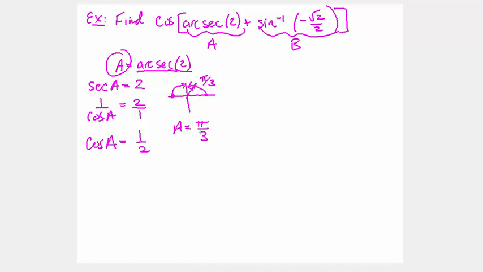Let's move on and do the same thing for B. We can say that B must equal the sine inverse of negative root 2 over 2. Let's apply the sine function to both sides, so that we have sine of B equals, and the sine of sine inverse cancels, giving us just negative root 2 over 2.